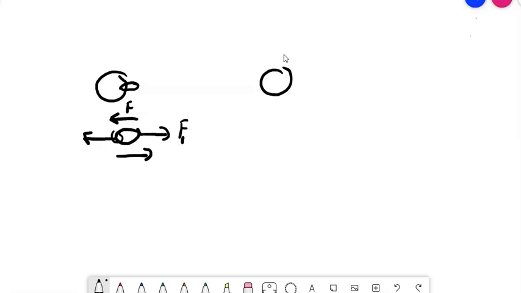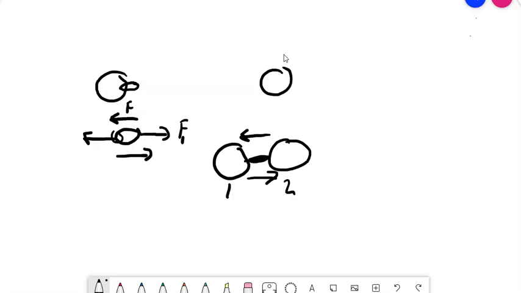If I have two objects in contact with each other, bound by some kind of bond, like a chemical bond, and one is applying a force on two in this direction, then two must apply a force on one in that direction. That's according to Newton's third law. We've seen that already when we did the tug of war.